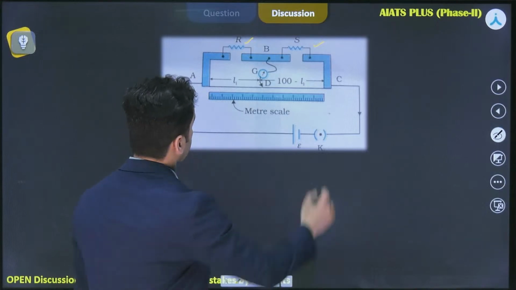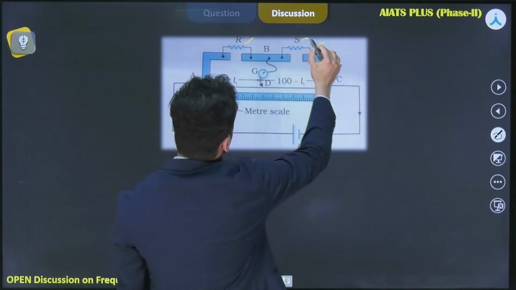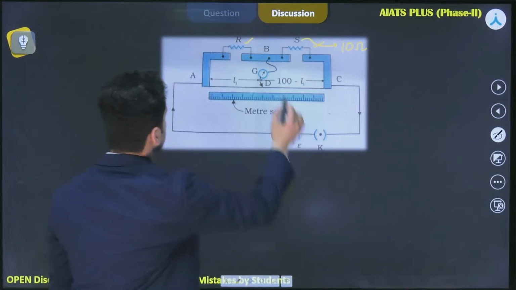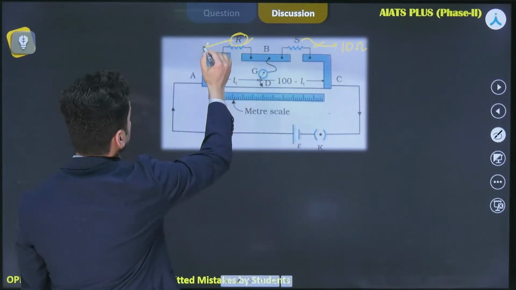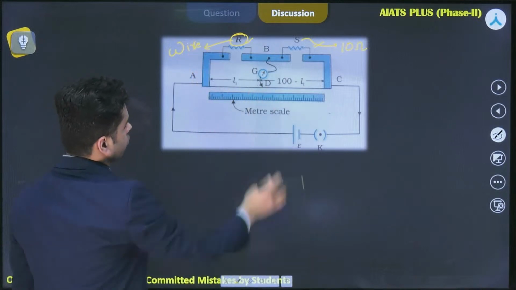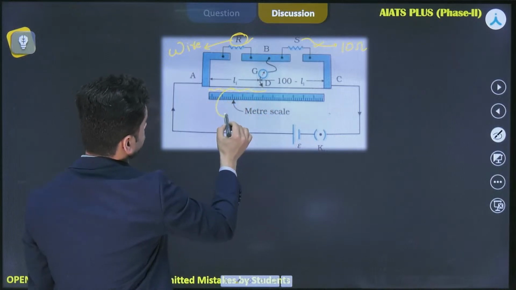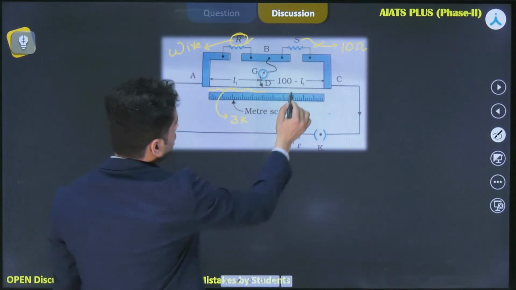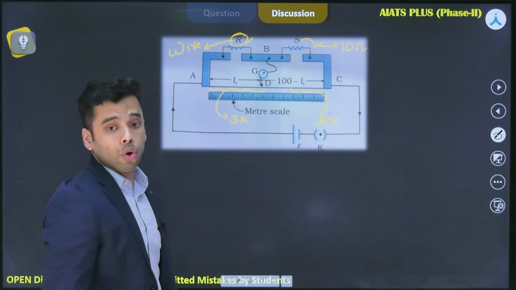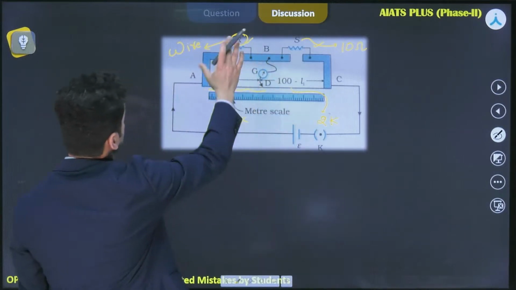Now according to the problem, you have a 10 ohm resistor in the left gap, and you have connected a wire in the right gap. So over here you have a wire, and this jockey, if it touches over here, it divides this length in the ratio. If this is 3K, then let it be 2K. So that is how the problem has been designed. Now you need to find the resistance of this wire.